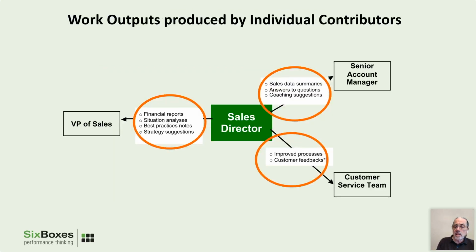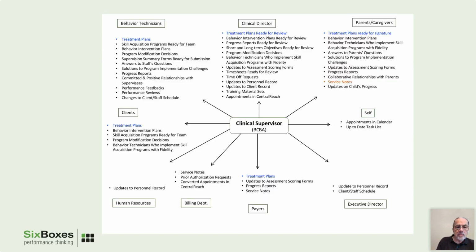And then, of course, we can look at individuals. We have this tool called the individual performance map, where we can say, here's this person or this role, here are their customers around the outside, and here are the things that they deliver to them. And they are things, they're nouns. So that's a core unit of analysis. This happens to be one of my favorite individual performance maps, because I have a lot of colleagues in the applied behavior analysis, behavioral health, autism industry.